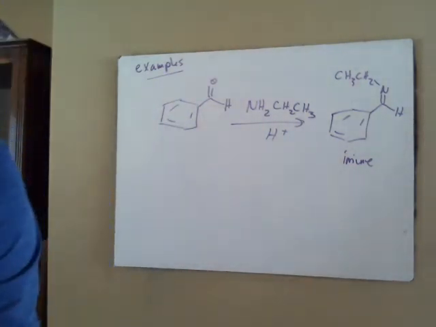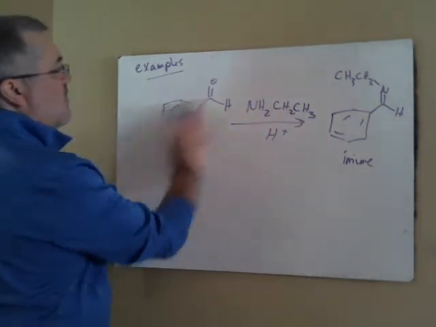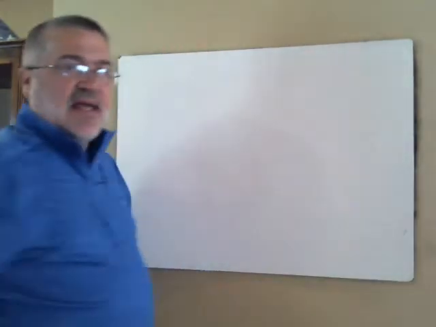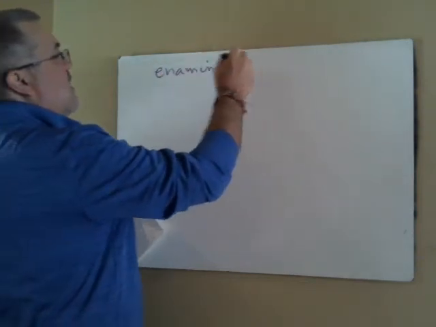Okay? Now what about if we're not using a primary amine? What if we go to the case with the secondary amine? And that gives us the enamine product. So mechanistically it's different. So let's look at enamine formation.